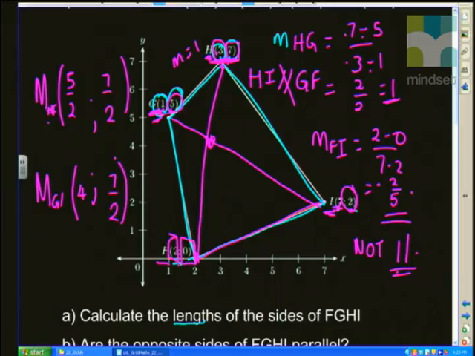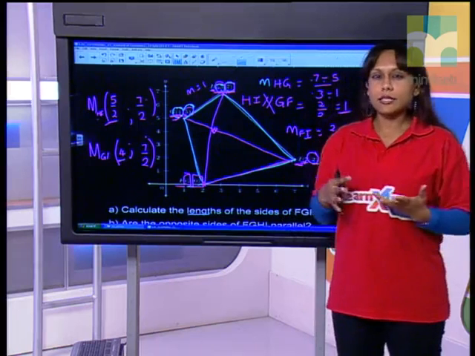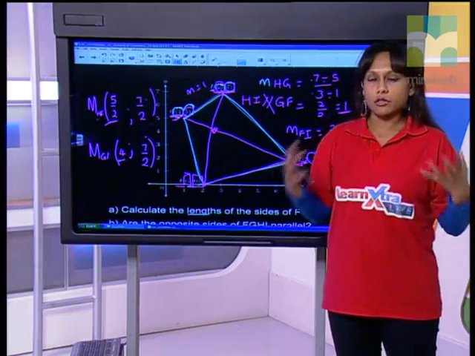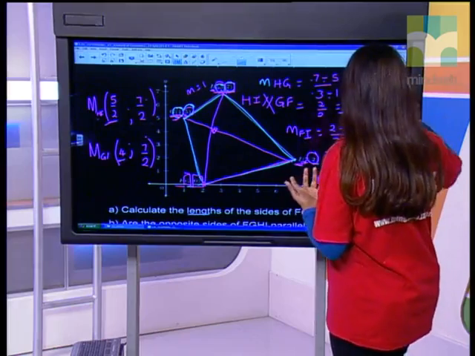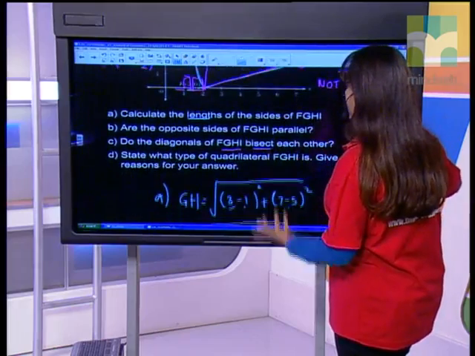Okay, so they've got the same y coordinate, but they don't have the same x coordinate. So in other words, the midpoints are not the same. So therefore, we can say that these lines do in fact not bisect each other. So the diagonals do not bisect each other. Therefore, they do not have the same midpoint.